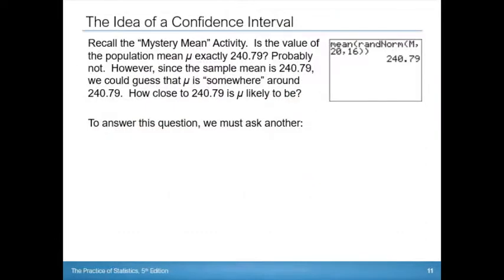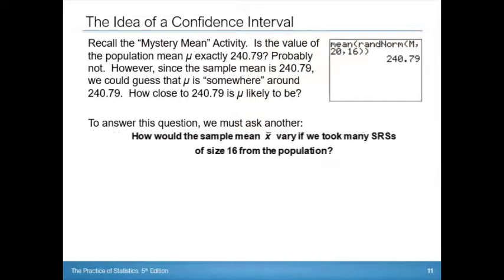Okay, so if we're going back to our mystery mean again, we had an X bar of 240.79. How likely is that to be? It's not very likely, but how close are we hoping our true mean is to this X bar, 240.79?